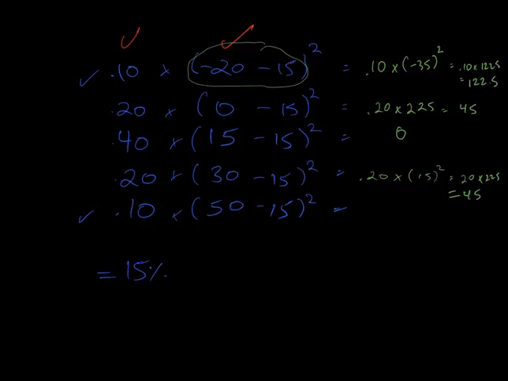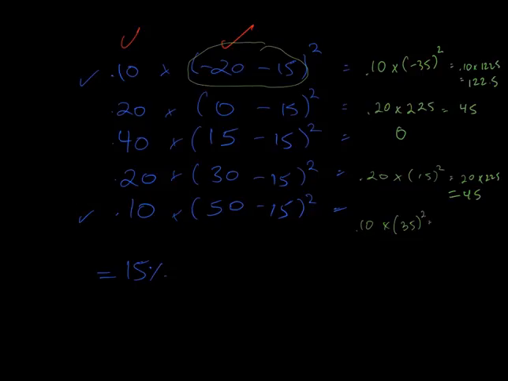Isn't that great? All right, and then our last one, 0.10 times whatever this is. Let's see, that's going to be 35. 50 minus 15 is 35, right? Yep. It's still squared. Do your little calculation.